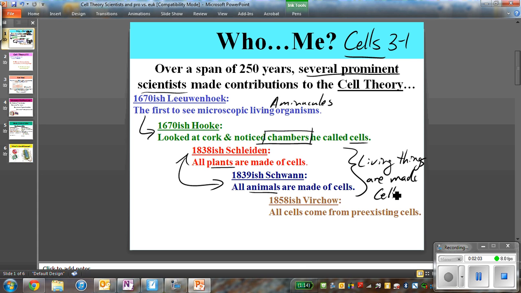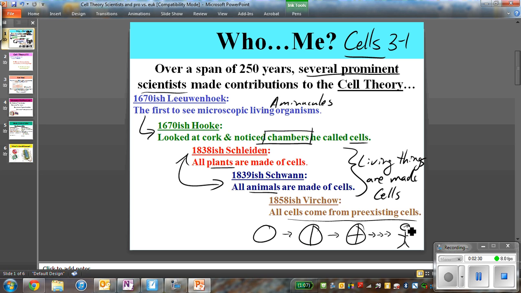Finally, the last part of the cell theory, which Virchow came to really talk about, is that all cells come from pre-existing ones. So you were at one point a one-celled organism. Then you split into a two-celled organism, and then a four-cell organism, and after a lot more divisions, you get to you.